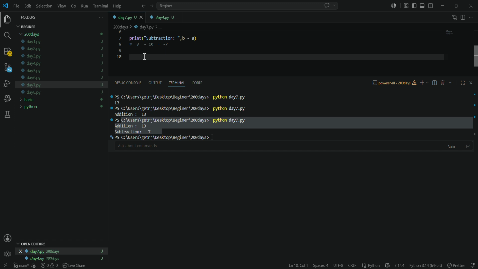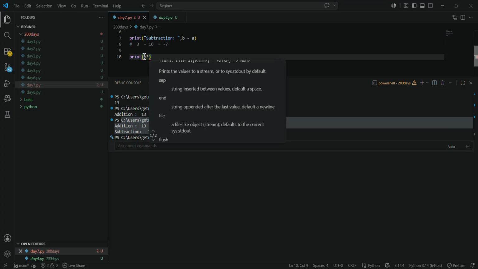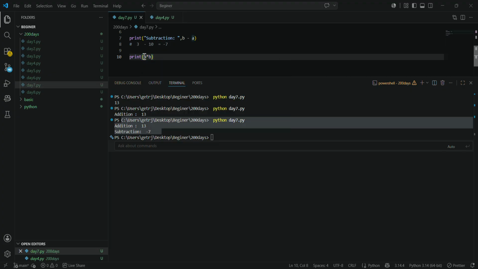Now we will multiply a and b. Print a into b, multiply.